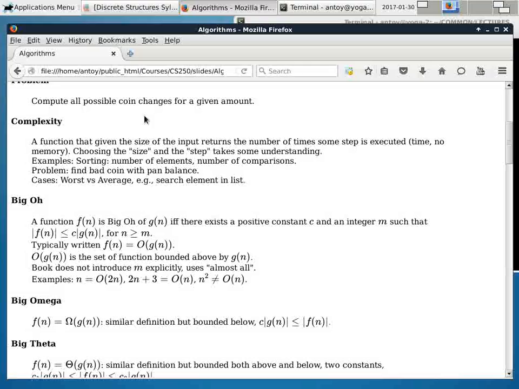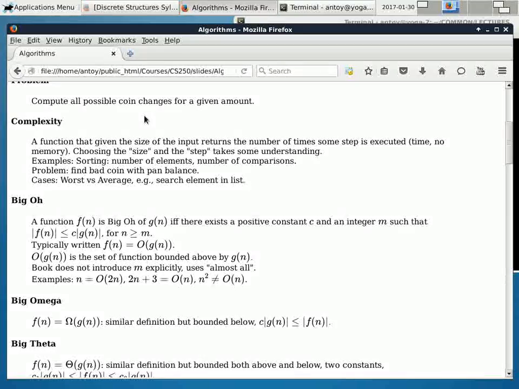Here I'm looking for a word. It is a function. The running time of an algorithm is a function. Like every function, it takes some input or argument and produces some output or result. What is the input or argument of this function?